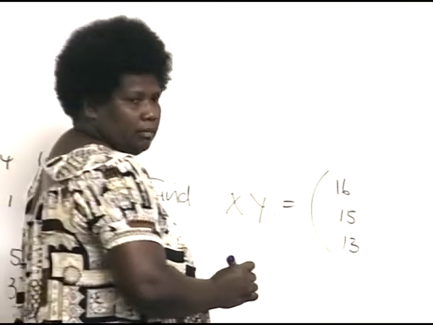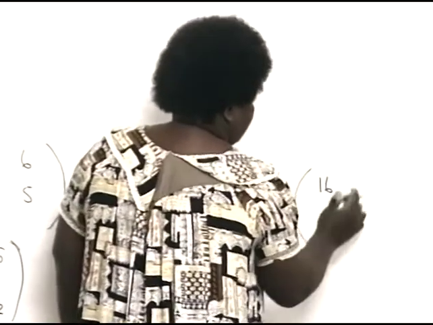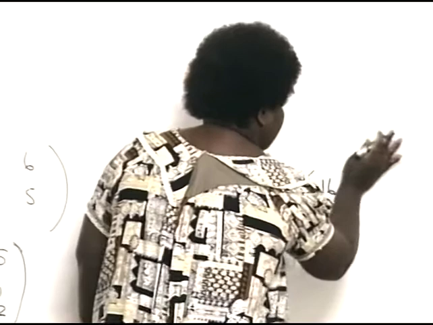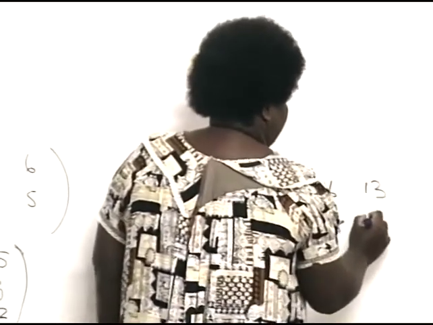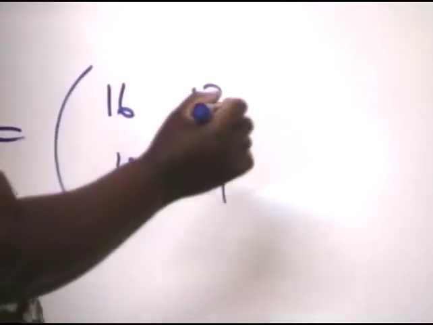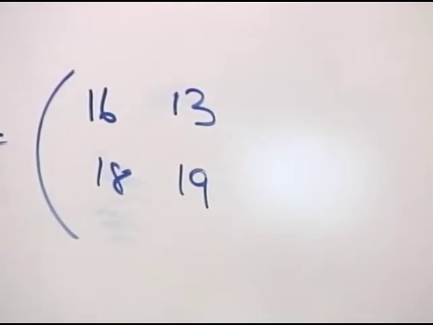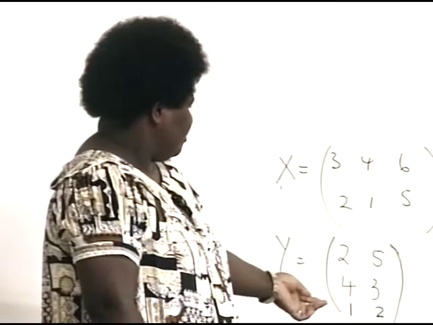By column, 16, 18. First column is 16, 18. Okay, second column 13, 19. Okay. And then? You didn't do this one. Okay, Daniel.